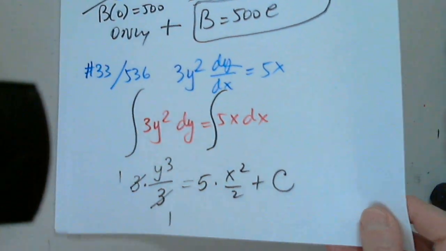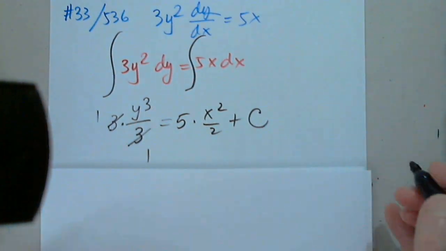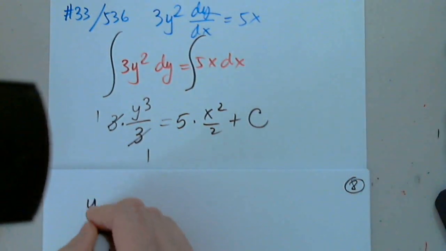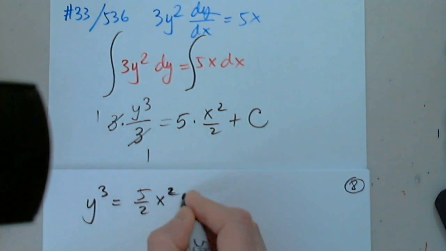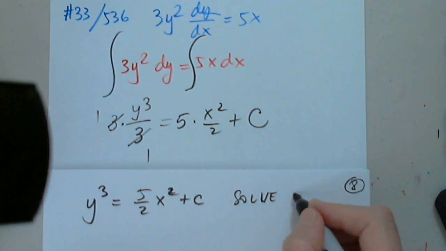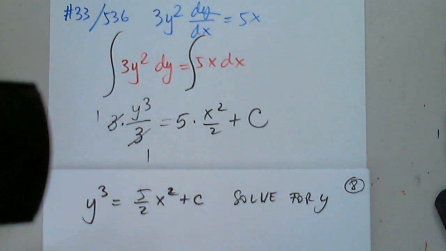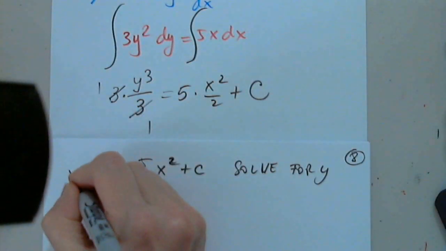So what I have right now is y cubed equals 5/2 x squared plus c. We are solving for y. This is just algebra now. How do I solve this equation for y? What do I need to do to both sides? Cube root it. Yes, awesome, excellent.